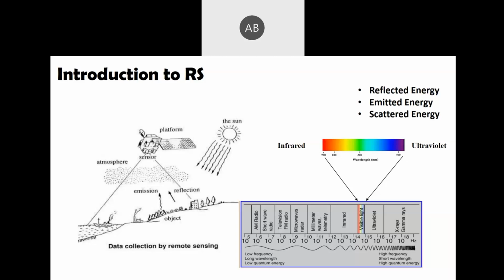So this range is very small. It only extends from 400 to 700, so basically a 300 nanometer range. But within this 300 nanometer range, you see all the billions and billions of colors that exist in nature.